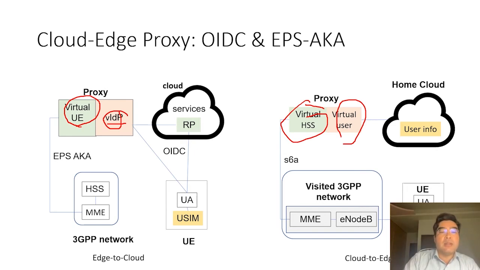So if the connection is from this side to this side, you play this role. If from the edge to the cloud, you play this role. So it depends on where the UE comes from, you play different roles, I mean, in different directions.